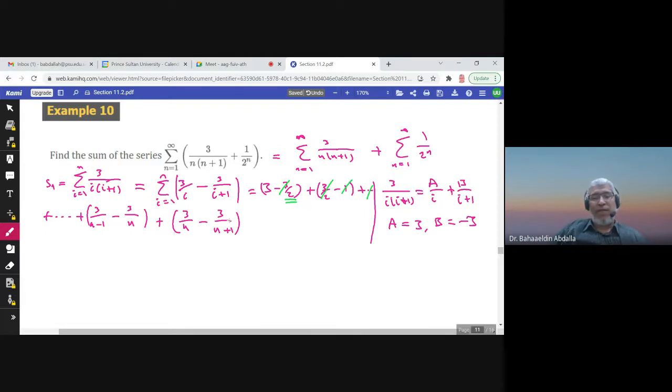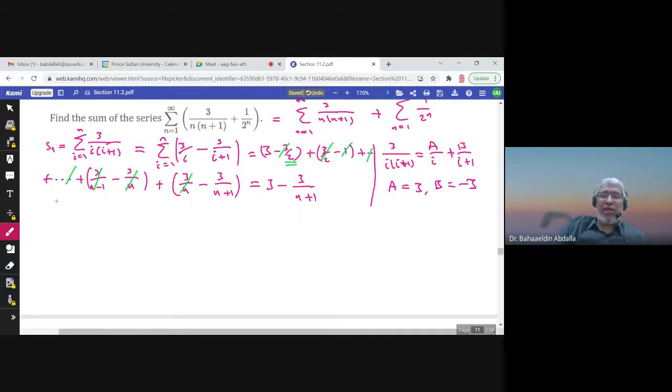And here at the end, I notice that 3 over n will be cancelled with negative 3 over n. So the first term of these two will be cancelled. So also this one will be cancelled with this one. And at the end, I will get only 3 minus 3 over n plus 1.